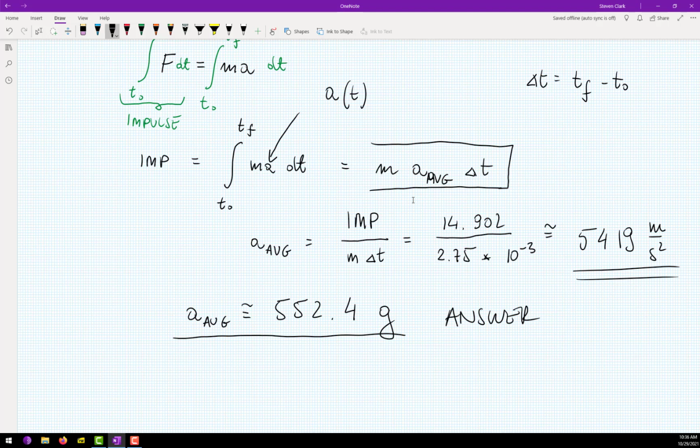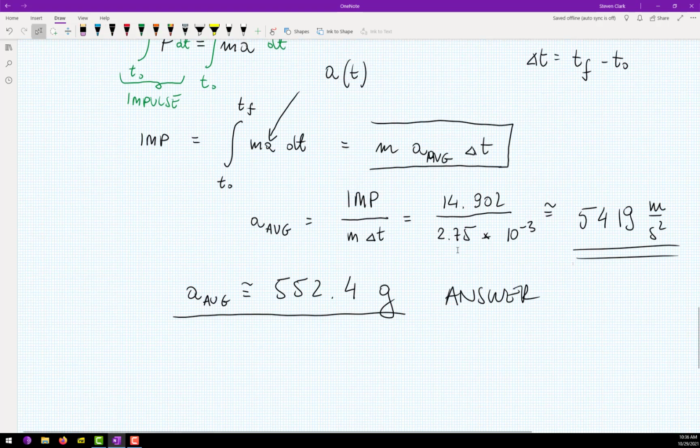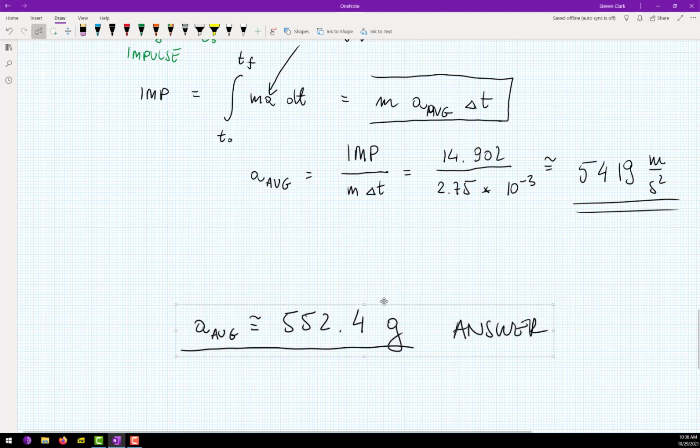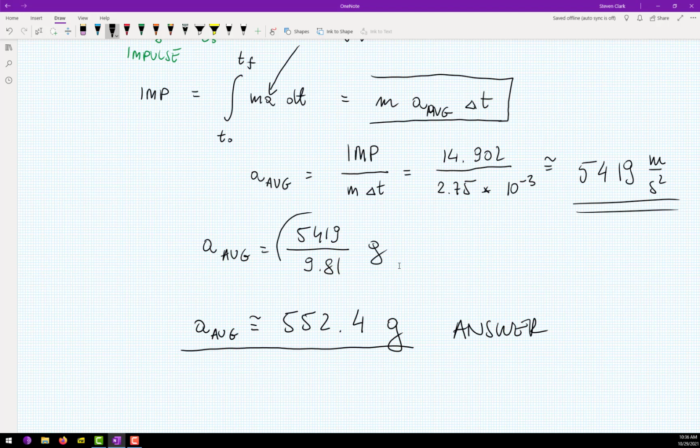I just skipped one step. In order to obtain this, I took a average is equal to 5419 divided by 981 g, because g is 9.81. And if you plug this into your calculator, you will obtain this number.